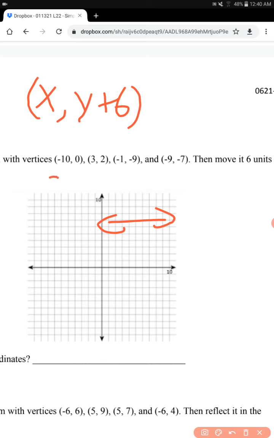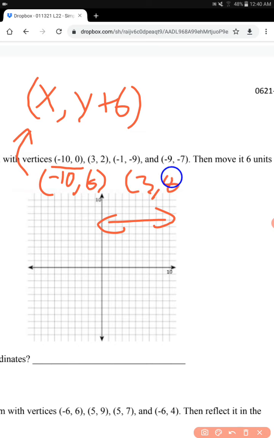So negative 10, this coordinate right here, if we're going to move it 6 units up, it'd be like this. And that works with the formula. So for the second coordinate, 3, 8, we're adding 6 to the y value.